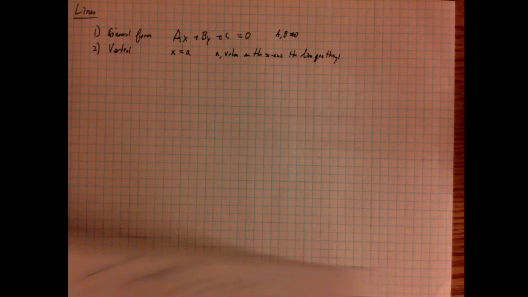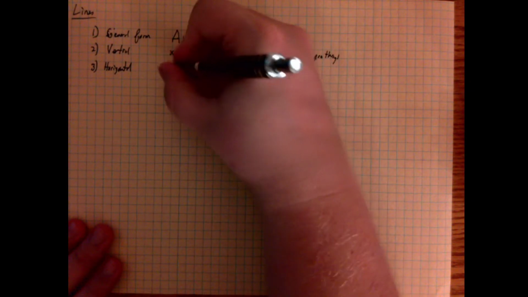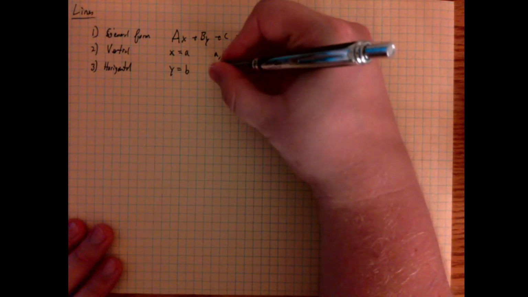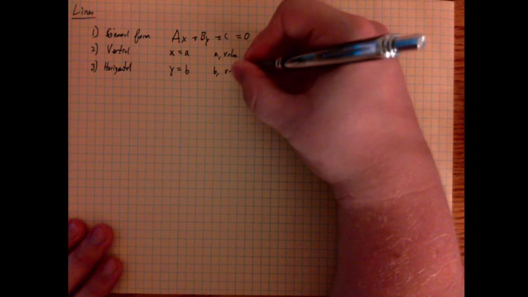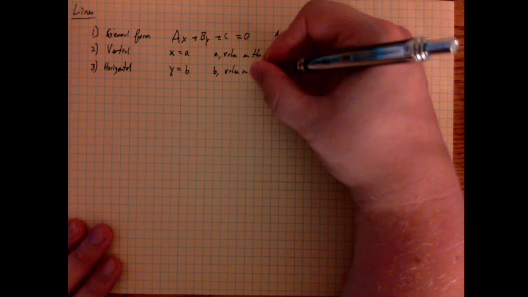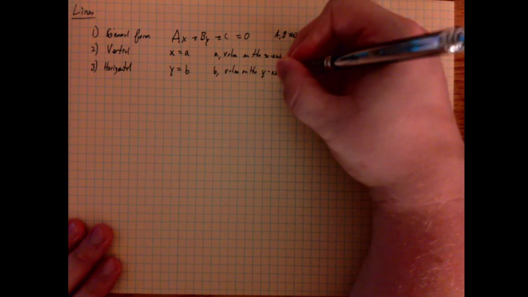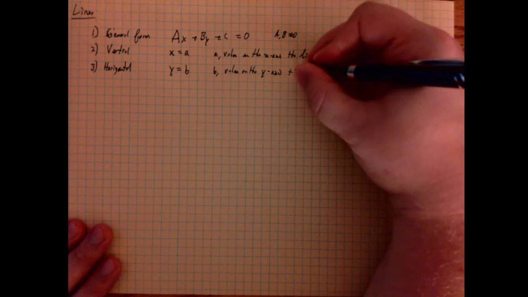You also have the equation for a horizontal line, which is y equals b, and this b is a value on the y-axis the line goes through.